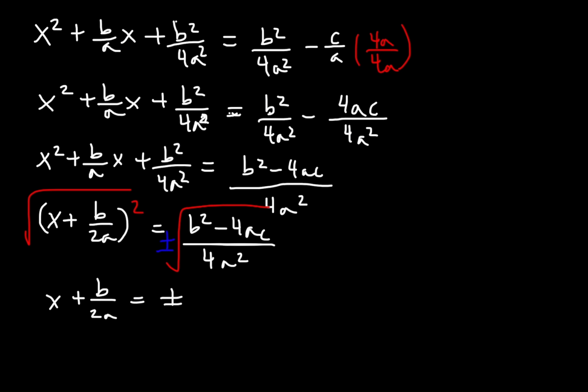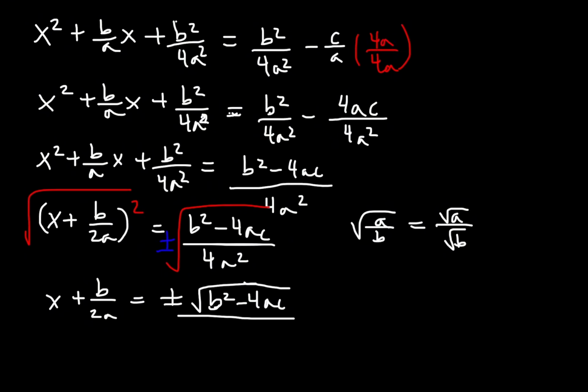plus or minus, and this one here I could simply separate the square root, because the square root of a over b is simply the square root of a over the square root of b. I'll use that rule to separate that. So we have the square root of b squared minus 4ac, aha, now it looks similar, over the square root of 4a squared, that'll just be 2a.